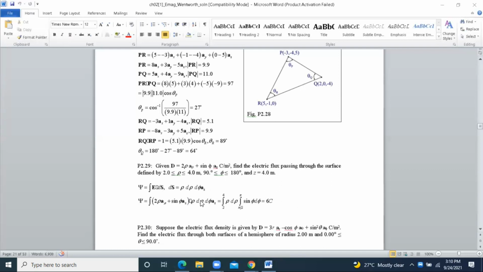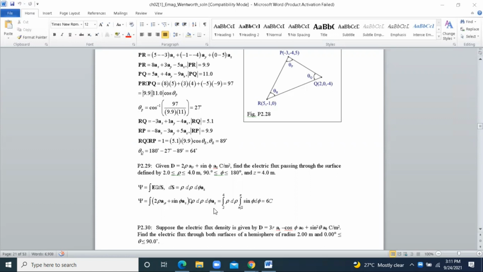Given that the z value was 4, I tried to find the unit vector for z: 4 over the square root of 4 squared, which was 1. So I just multiplied the rest of the equation by the 1. But now I have D equal to 2 rho a rho plus sine phi a z.